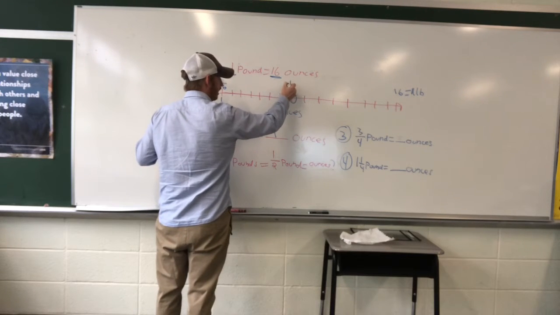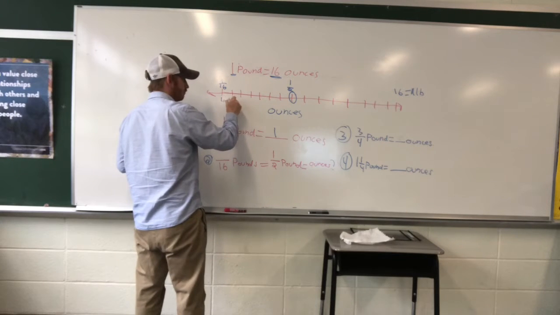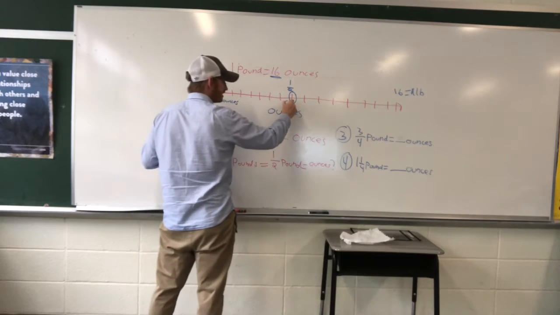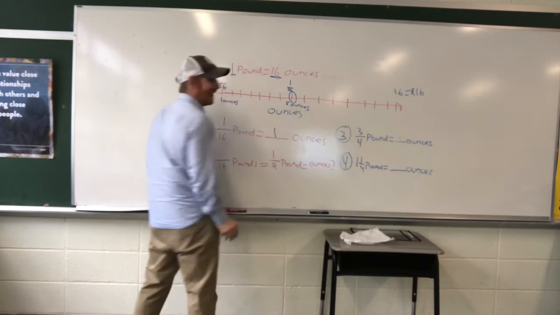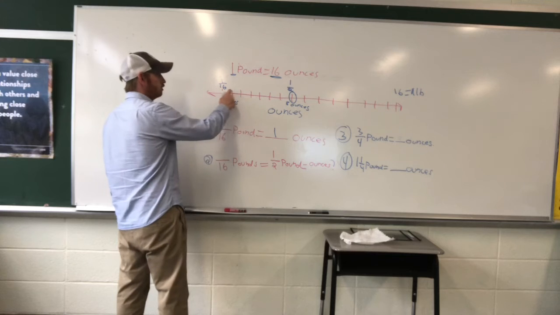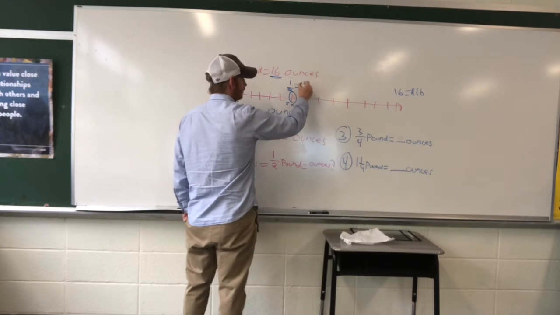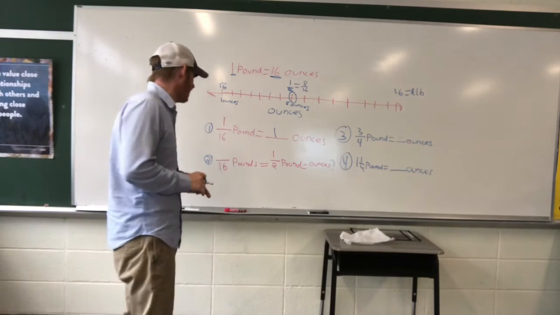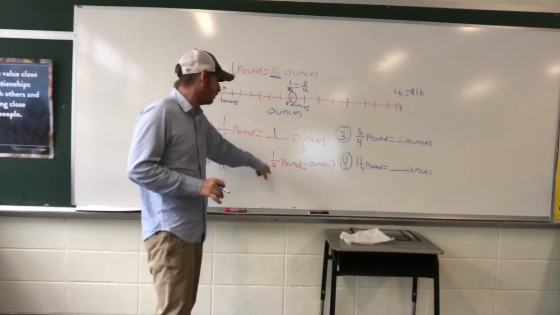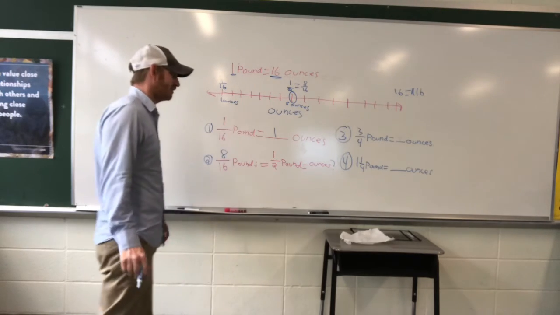That's going to be 1/2. It's also going to be 8 ounces. And it's going to be 8 out of 16. So look at all the different ways that we can write this down. 1/2 of a pound is equal to 8/16 of a pound.